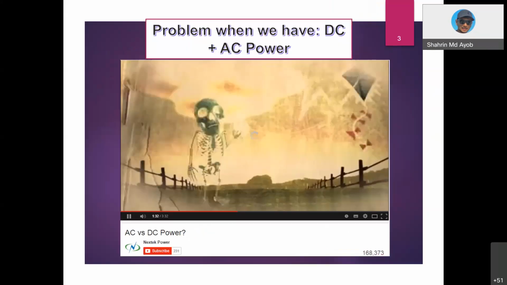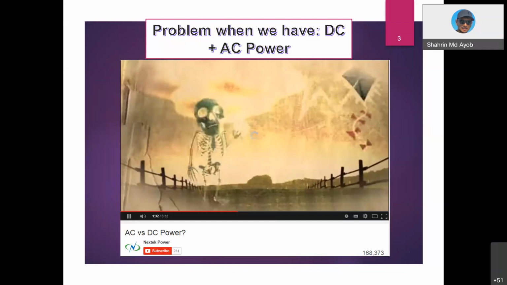In the present world, there is a problem with our power system. Our generator generates AC power, and our transmission line also transmits voltage and current in AC form. But the loads in our homes are mostly DC loads.